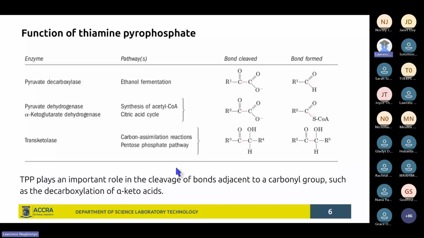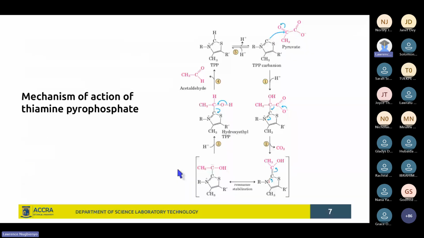I think we can look at the mechanism of action of thiamine pyrophosphate to see how such a reaction occurs. Now, before we start to talk about what really is happening over here, I usually make an analogy. Let's say you are in the kitchen and you want to slice some tomatoes, some vegetables, maybe some cucumber.